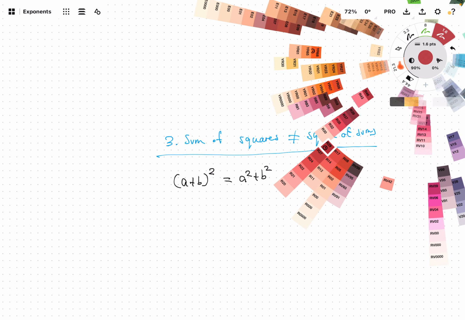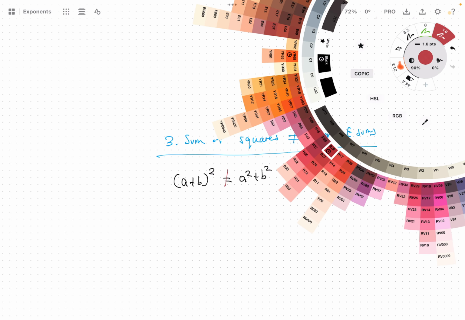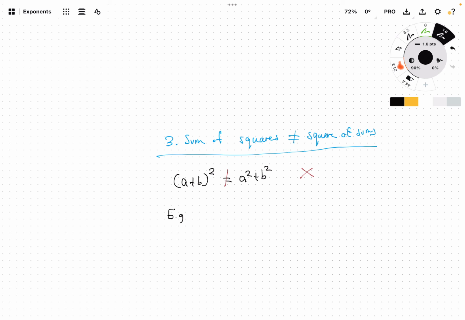Why is this true? Think of an example. 3 plus 4 squared. Suppose this was 3 squared plus 4 squared. What would that be? 3 squared is 3 times 3, which is 9. 4 squared is 4 times 4, which is 16. So this is 25.